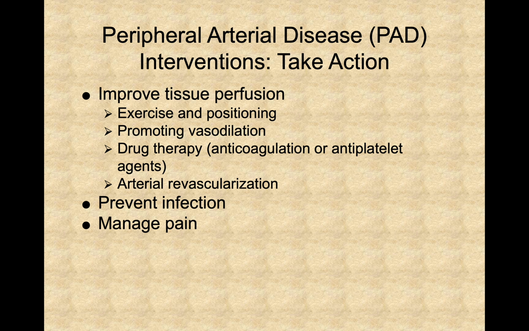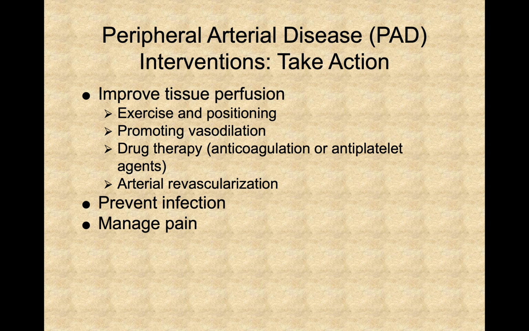But ultimately, if it's really bad, we may have to do arterial revascularization, so that we get blood flow to that extremity. In very severe cases, amputation might be required, whether that's amputation of a digit or a whole leg sometimes, if it's really bad.